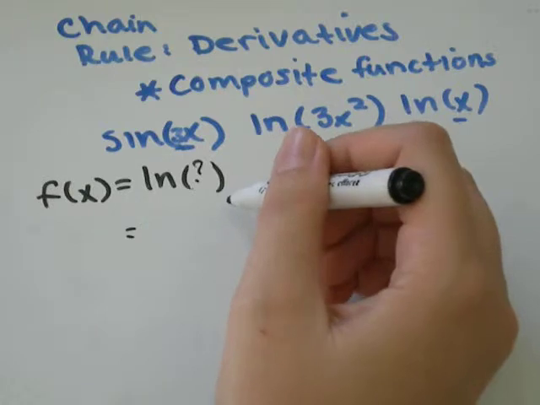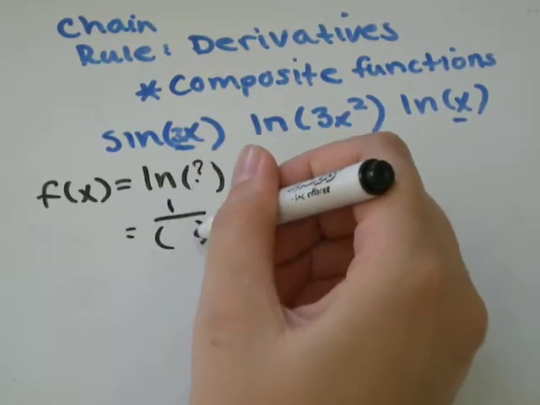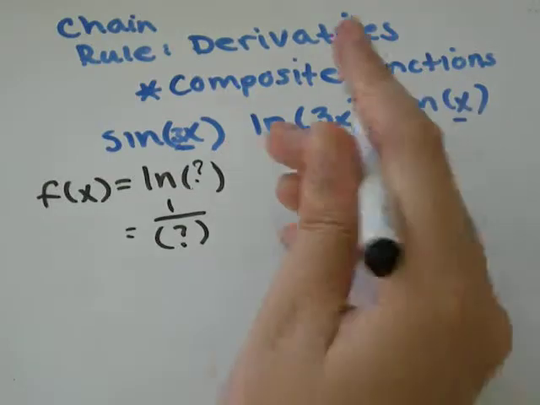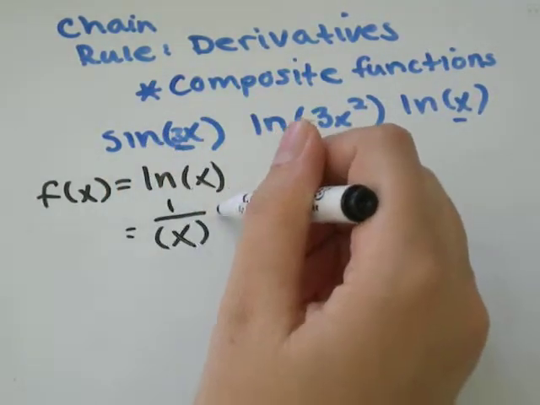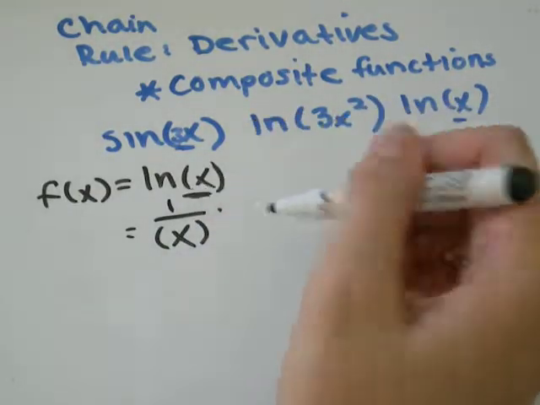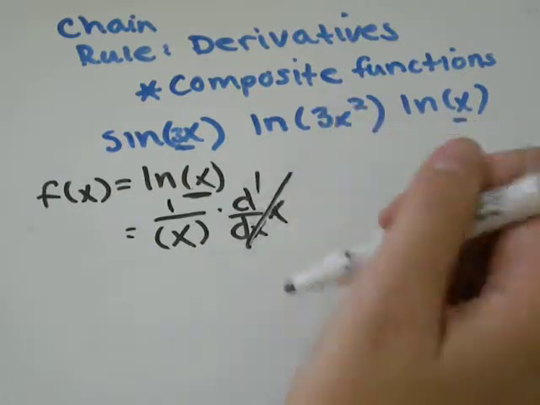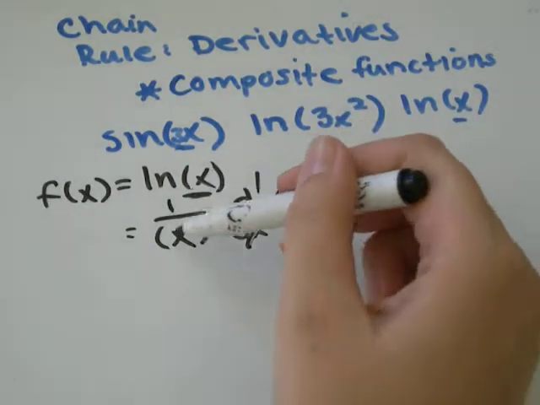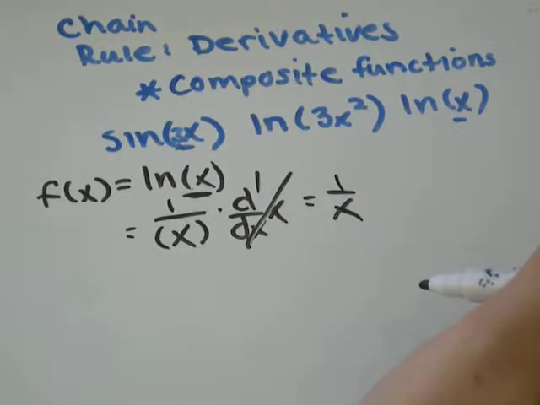If we take the log of anything, we know from our formula that's 1 over whatever the thing was in the brackets. In this case it was x. So it'll be 1 over x times the derivative of what was in the brackets. The derivative of x is just 1. So this will be 1 over x times 1 will be 1 over x. So the derivative of the natural logarithm of x is 1 over x.